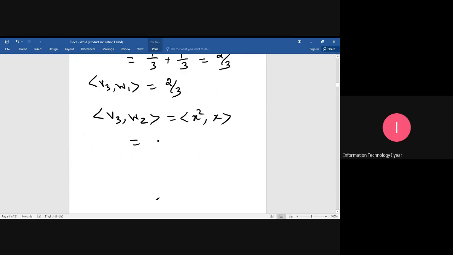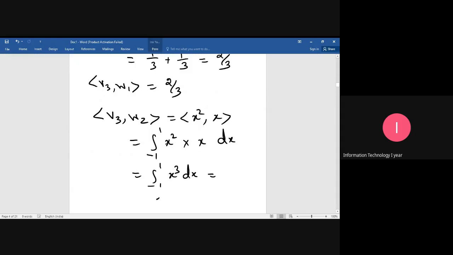Using the given definition, it is the integral from minus 1 to 1 of x square into x dx, by the definition of f of x into g of x dx. So x square into x is x cube dx. Integrate it now.